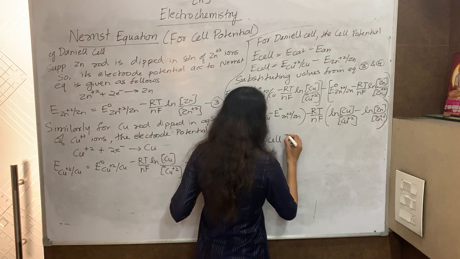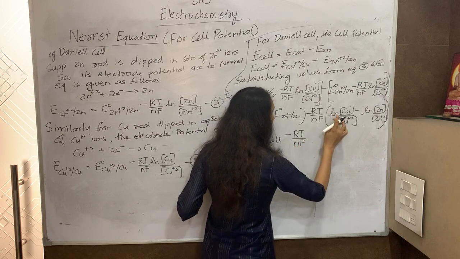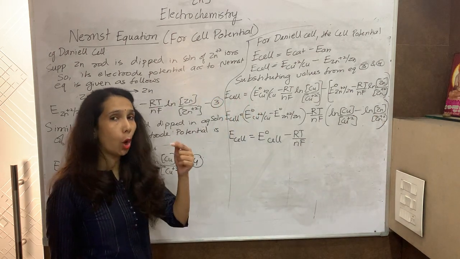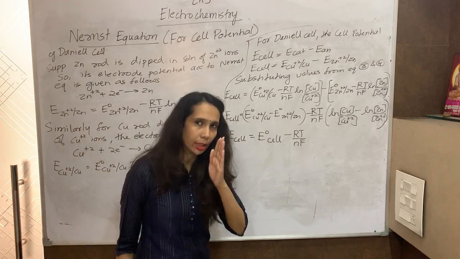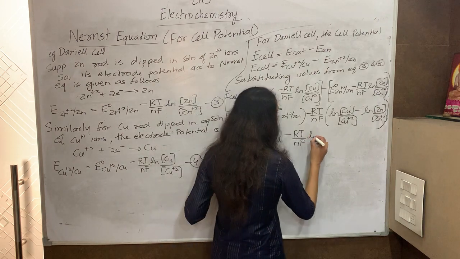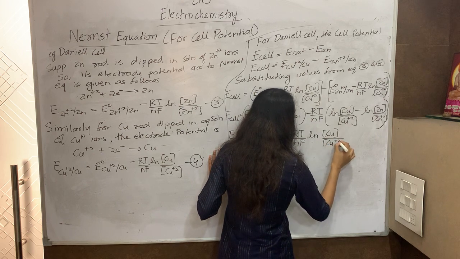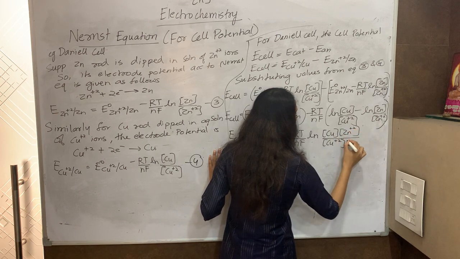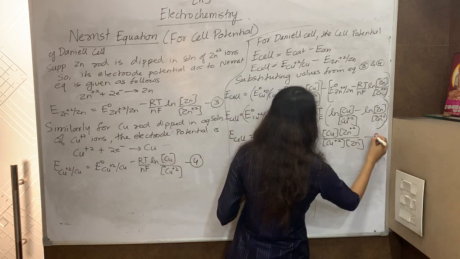E naught cell minus RT upon NF, and you know the formula, log A minus log B is equal to log A upon B. So I am just writing it like this, Ln Cu upon Cu²⁺ whole upon this. So I just reciprocate it, Zn²⁺ upon Zn. So this is the equation we are getting. I am marking it as equation 5.